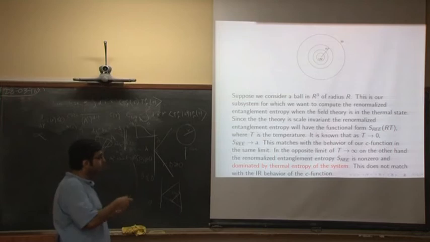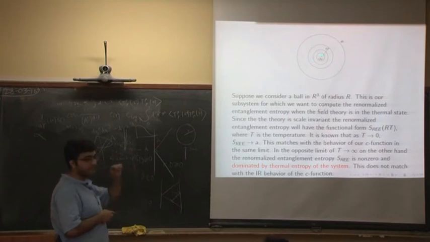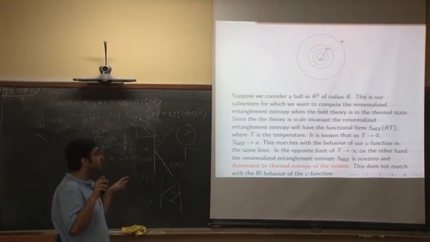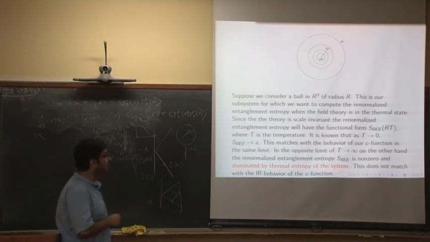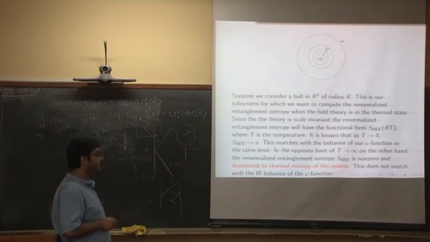For small r, you are near the ultraviolet, and for larger r, you are near the infrared. And it is known, at least in 2 and 3 dimensions, that the renormalized entanglement entropy actually acts as a C function. It interpolates between the ultraviolet central charge and the infrared central charge, and it monotonically decreases if the field theory is in a vacuum state. But if the field theory is in a finite temperature state, then that cannot be true.